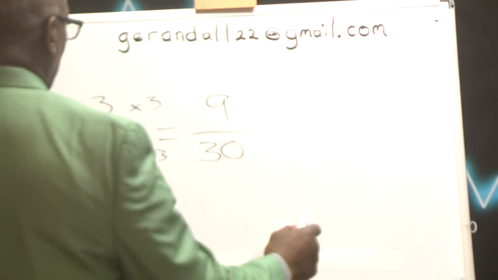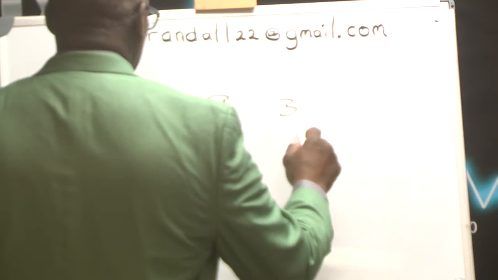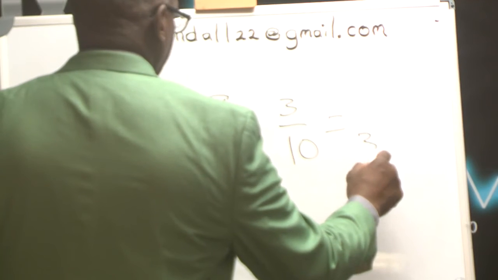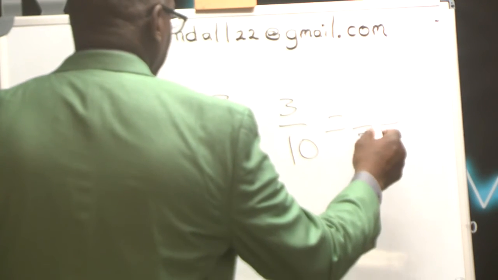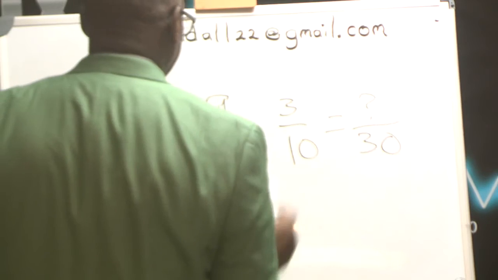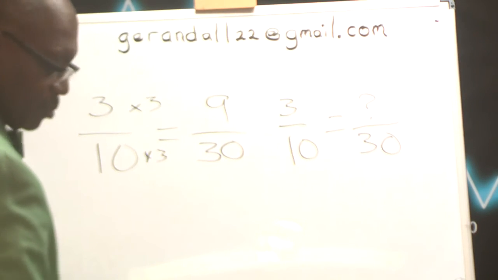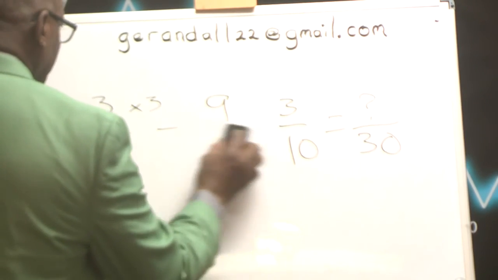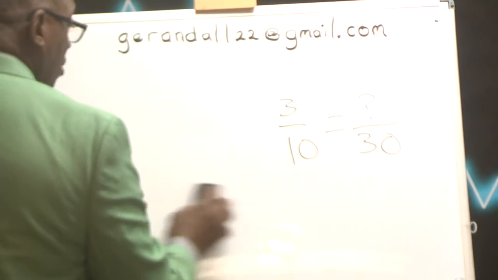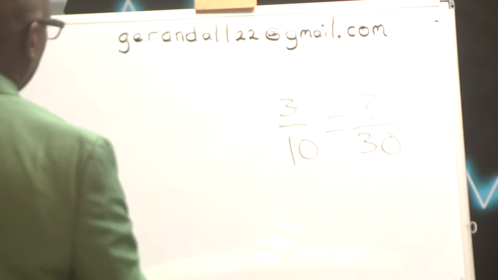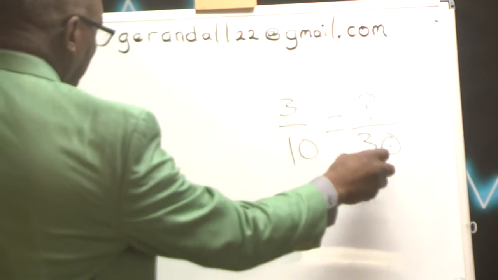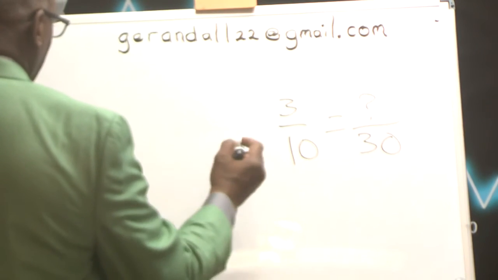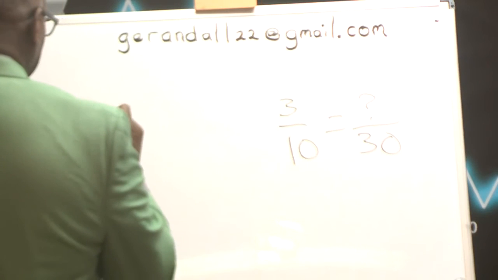Or we could do something in reference to what we call proportions. And it's so important that we know our multiplication facts, because we're going to multiply the extremes times the means. And in this case, 3 times 30 is 90.